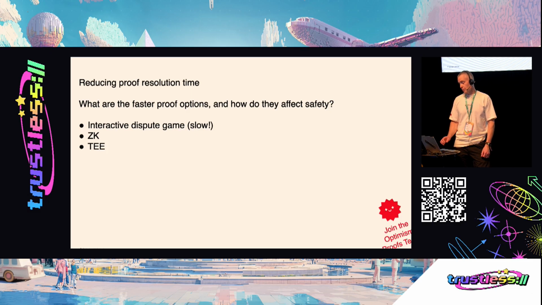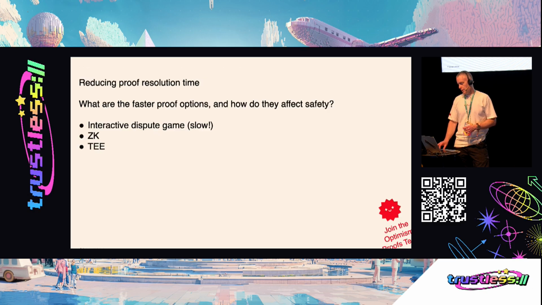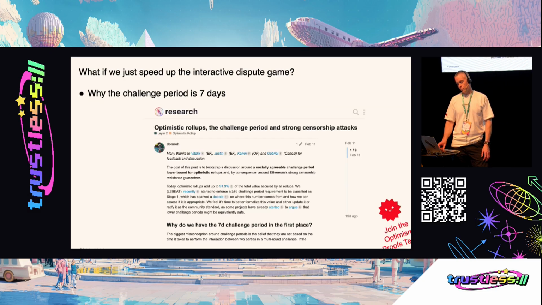In the case of a ZK proof, it means that the proof was verified on chain. So these are the different types of proofs we have. There's the interactive dispute game, which is slow. There's ZK, there's TEE. So the dispute game, right now it's 7 days. So what if we just speed that up?